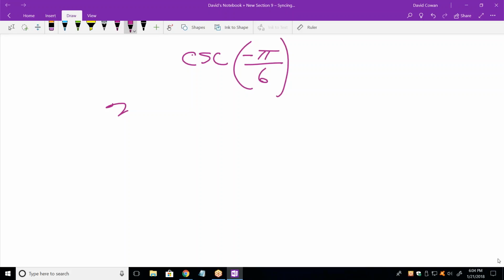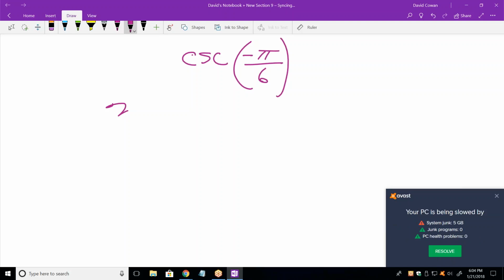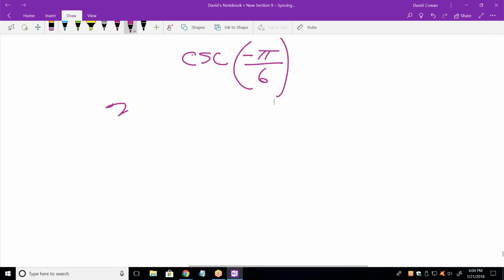How familiar are you with radian angles like this? Are you still more comfortable converting that to degrees? We can keep it in radians. So what angle is that if I were to draw it? If pi over 6 is 30, isn't that 330 because that's negative? Correct.